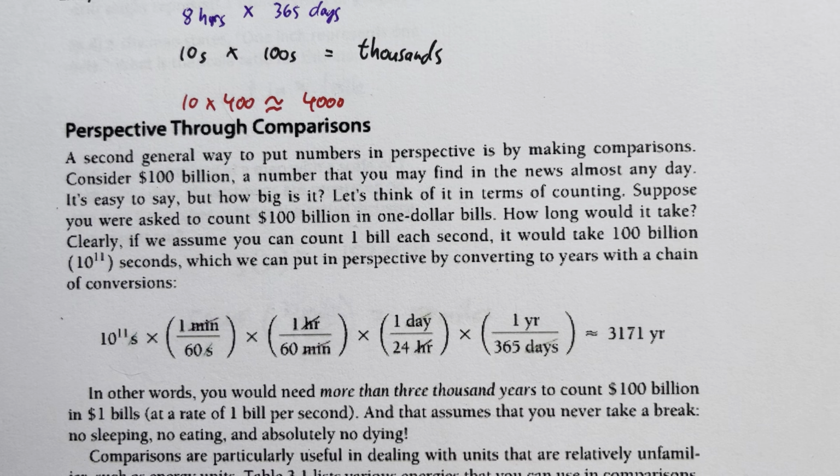And then another way is to do a comparison. So, $100 billion. Okay, it's a number that pops up. How big is that? If we want to convert 100 billion seconds into years, it kind of gives us a reference. We can convert seconds to minutes, minutes to hours, hours to days, days to years, times 10 to the 11th, and you are looking at 3,171 years.